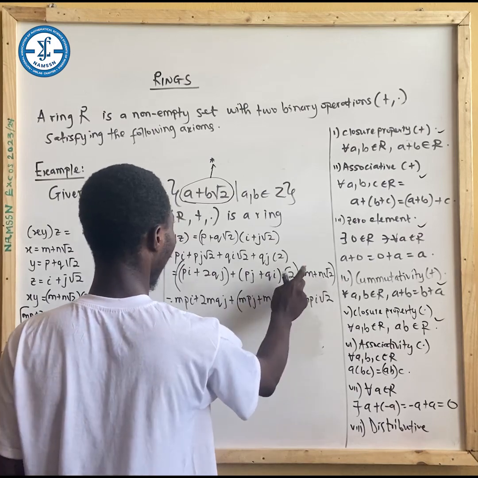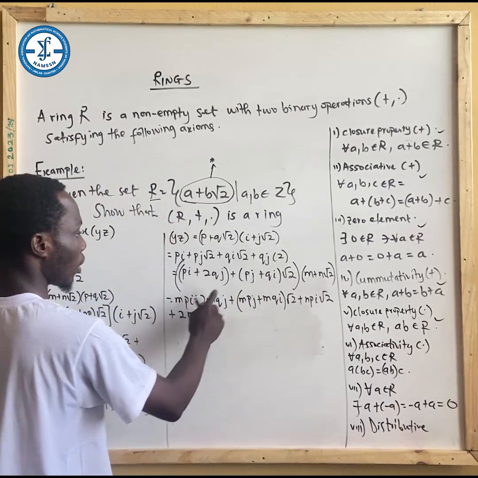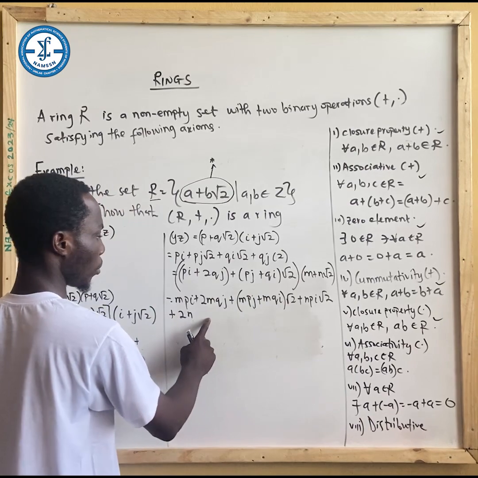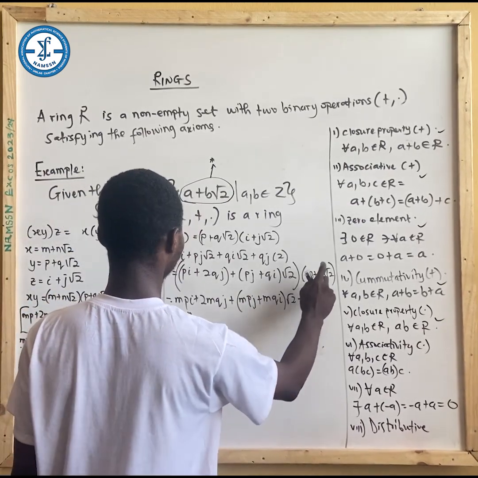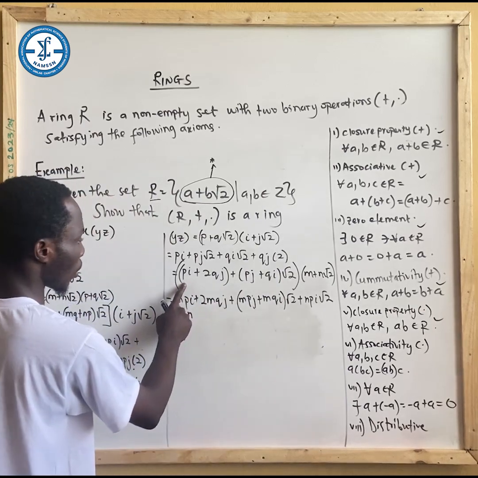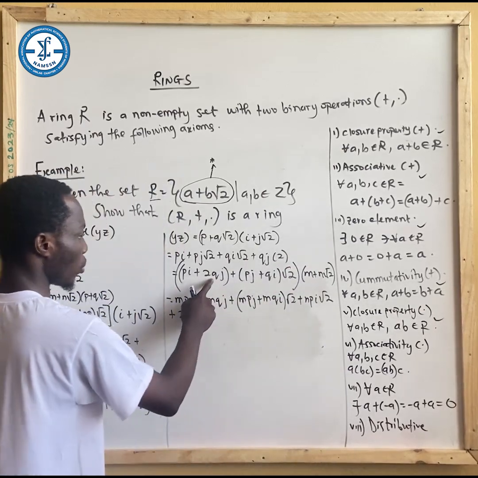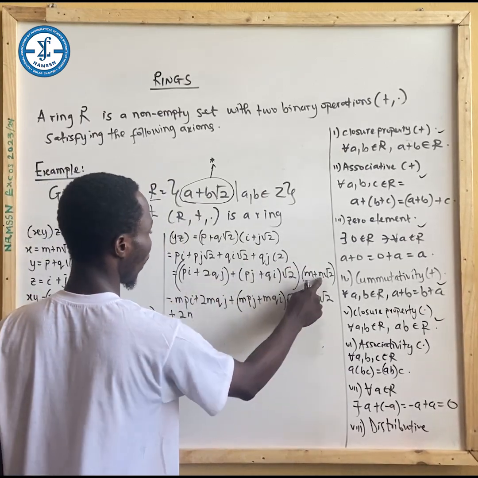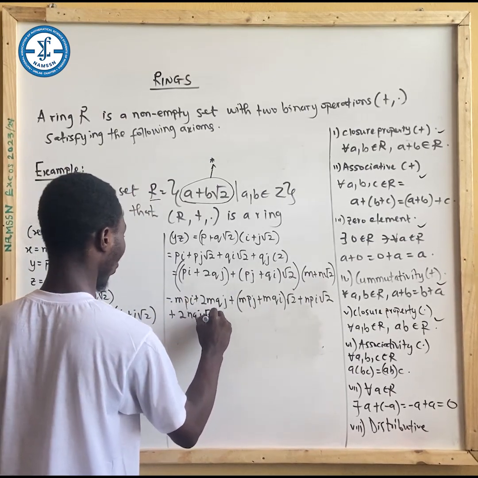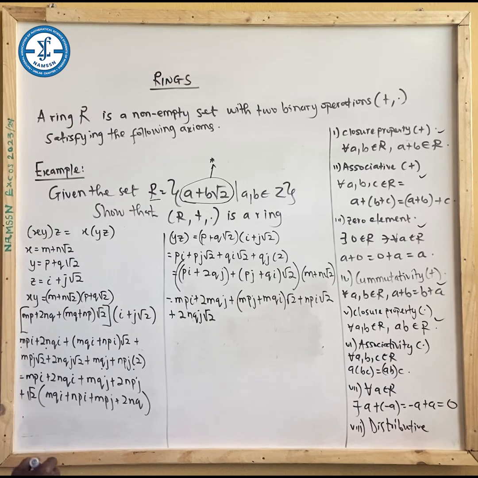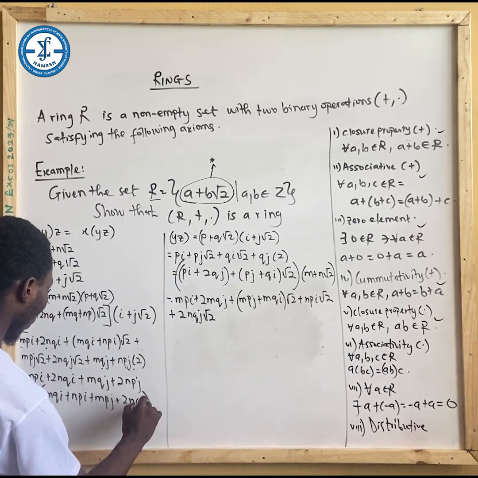So we have m times mpi, 2mqj, mpi root 2, this times this, and then this times this. This will be 2nqj root 2. So when we start looking at what we have, we can see that it's okay.